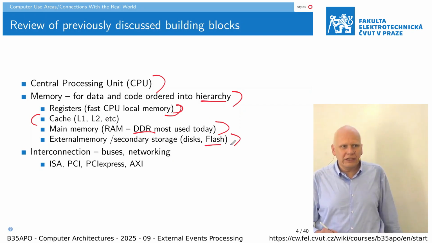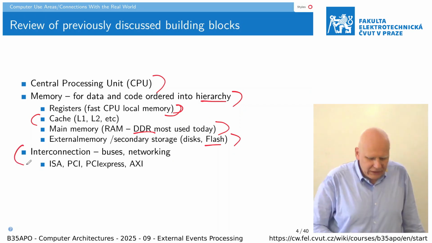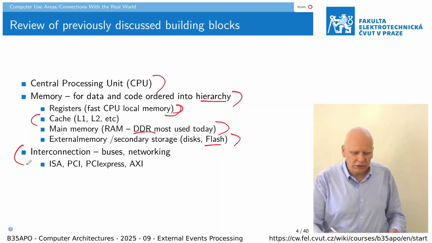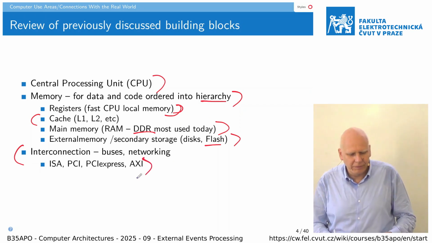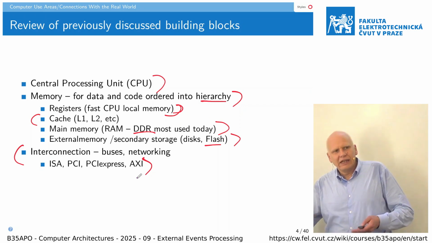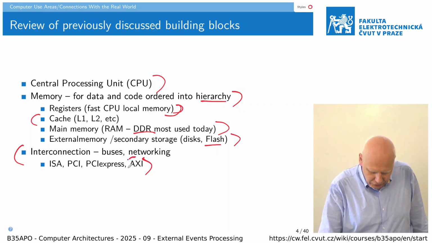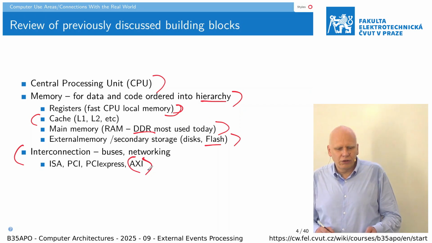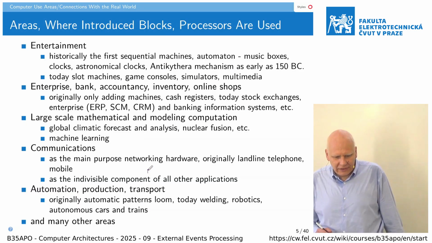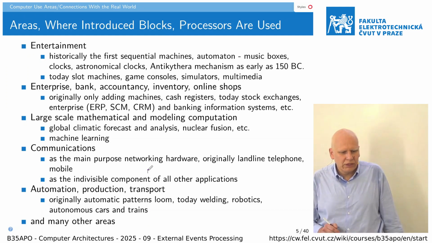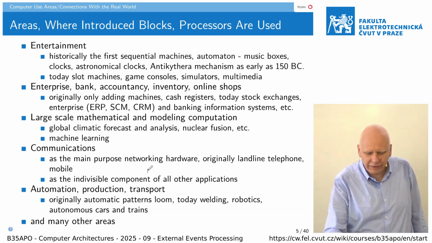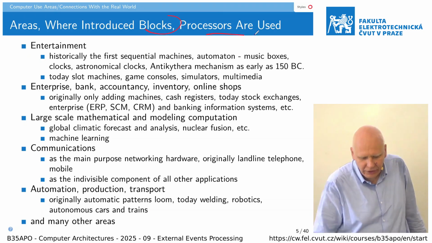And we have already seen that we can add some interconnection buses or networking and so on. So we have those examples from old ISA, PCI Express, and the bus which is used on FPGA or on our educational kits.